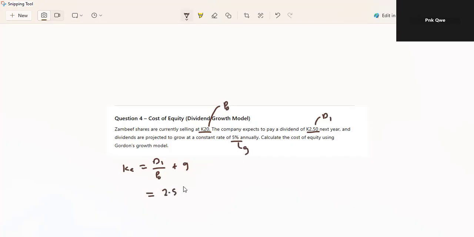So here we're going to have 2.50 over 20 plus 0.05.